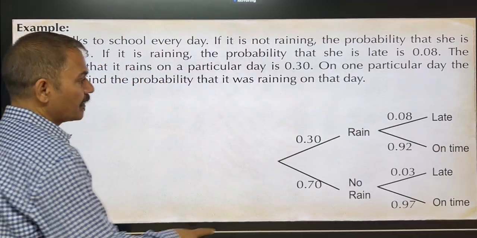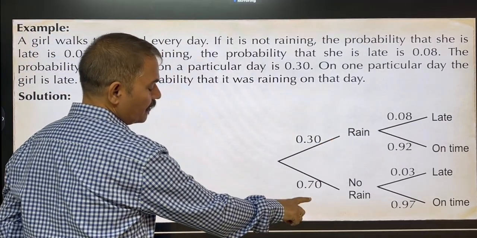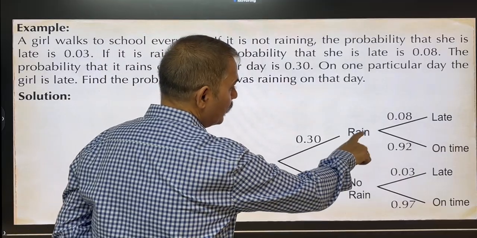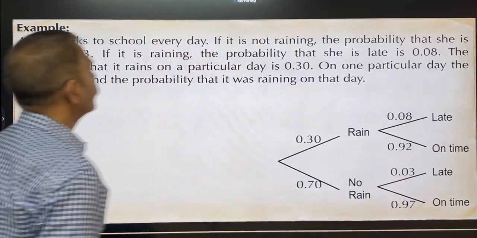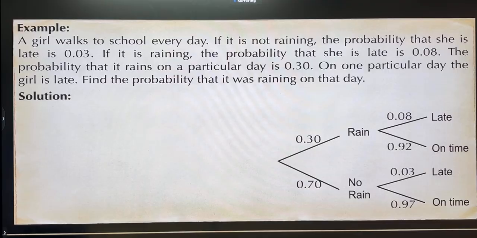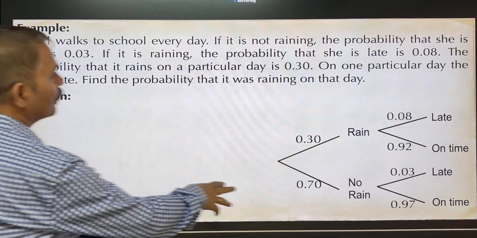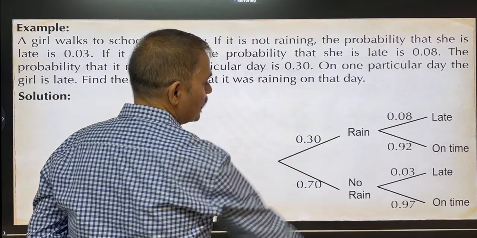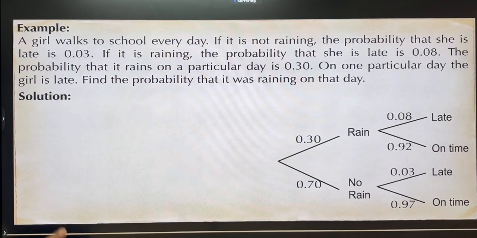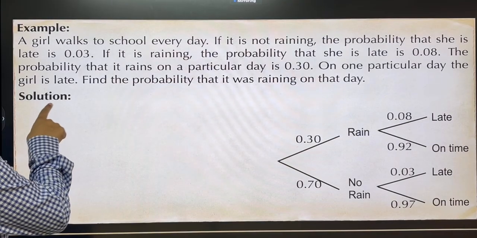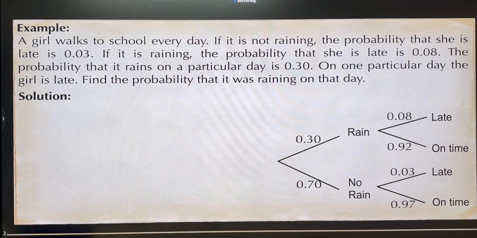That's the tree diagram. It rains with 30%, no rain with 70%. Late on a rainy day is 0.08, and not late is 92%. When there is no rain, late is 3% and not late is 97%, right? So first we find the probability which is given, that on a particular day the girl is late.